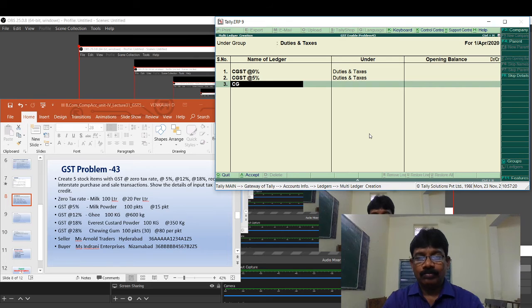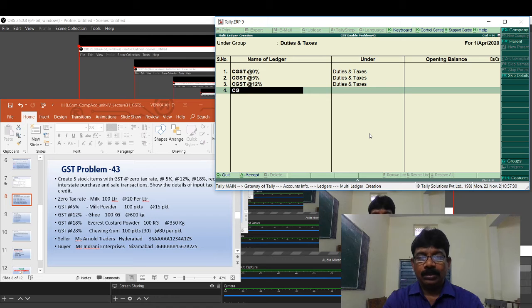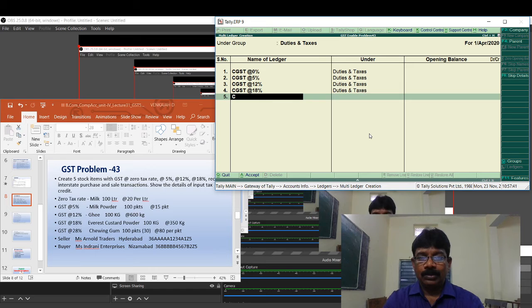GST at the rate of 12%. GST at the rate of 18%. GST at the rate of 28%.